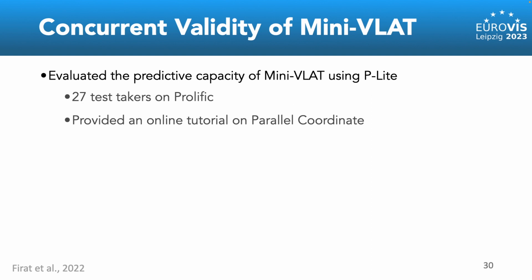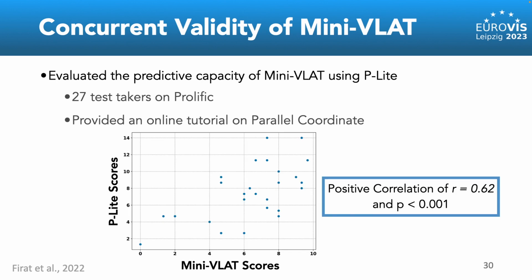After the tutorial, we asked them to do the questions in P-Light, and we noticed a positive significant correlation of 0.62 between the scores on Mini-VLAT and P-Light. This outcome demonstrates a favorable correlation between the Mini-VLAT scores and the user's ability to read and understand unfamiliar visualization.